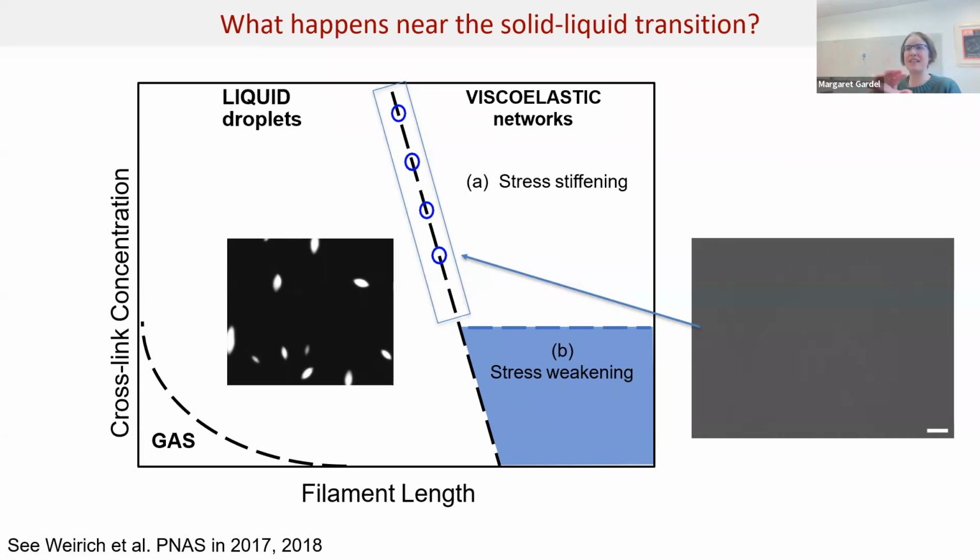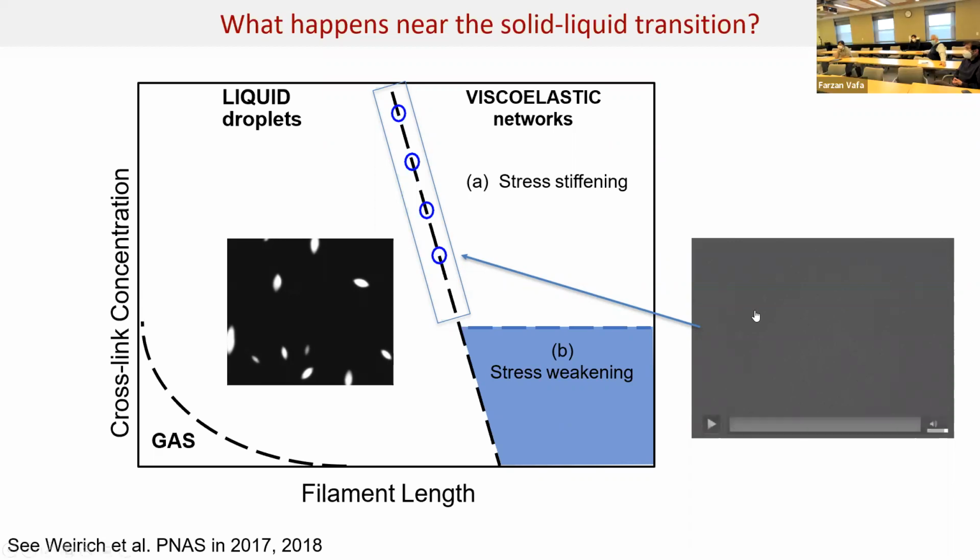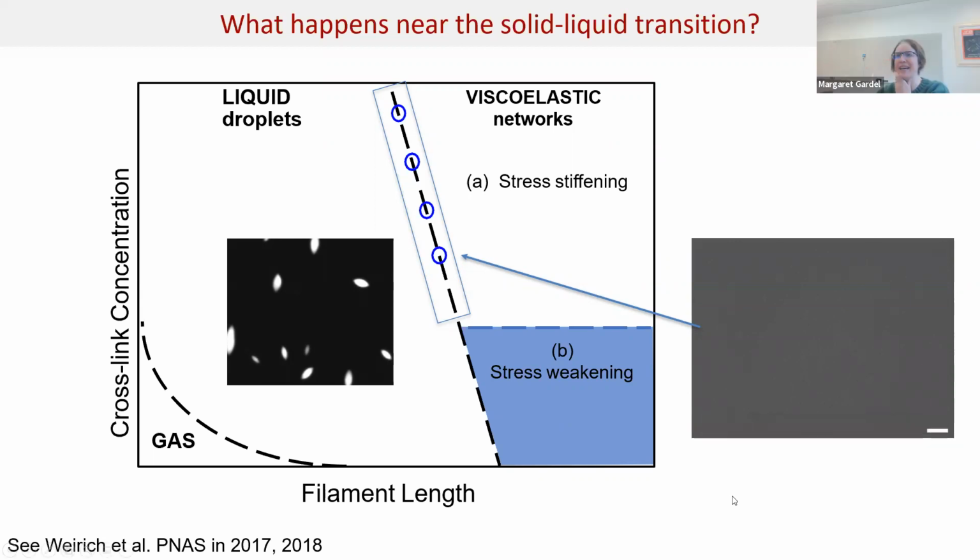It's like a phase space as a function of the cross-linker, but the stress weakening regime is less well defined than the stress stiffening regime. But in terms of what kind of phase transition it is, it's not a first order phase transition. Thank you. Somebody told us that we couldn't call it a phase transition. I remember this quite clearly.